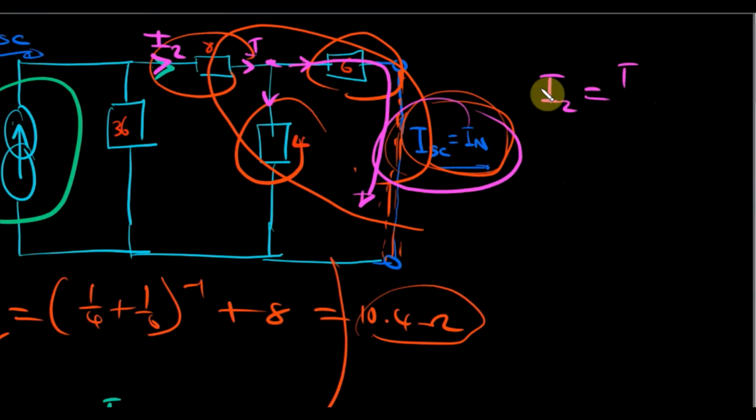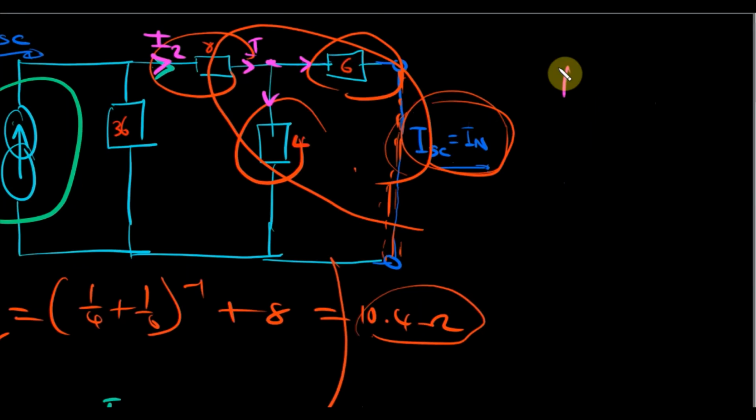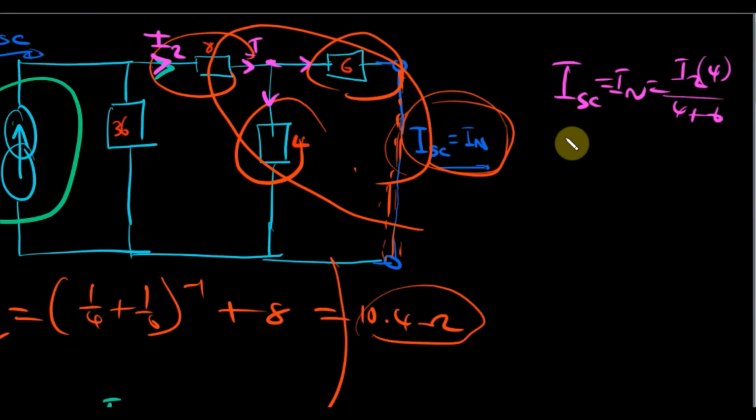So let me just correct this. I short circuit, which is IN, is equal to I2 multiplied by 4 divided by 4 plus 6. So what is I2?